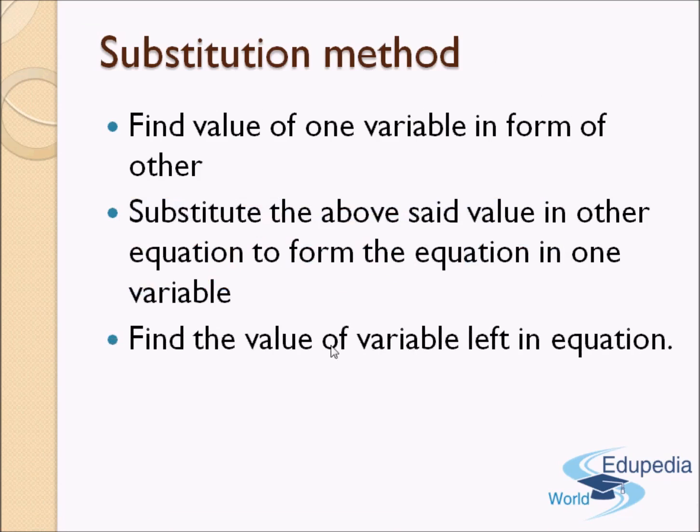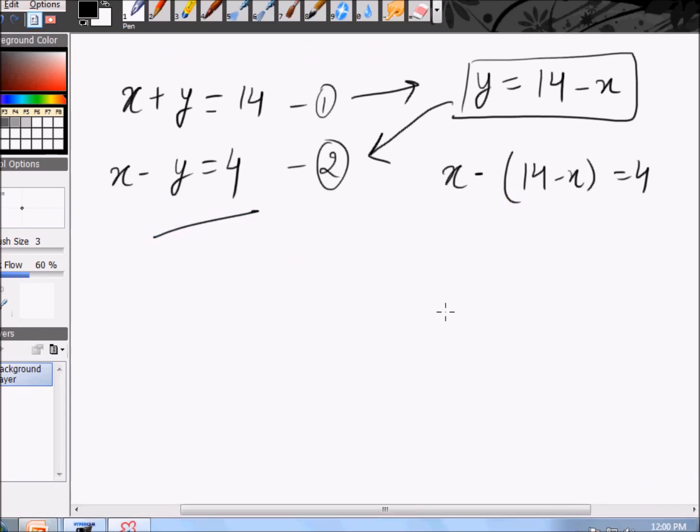The last step says find the value of the variable left in the equation. Now we have to find the value of x from this equation, which is the only variable left in the equation.